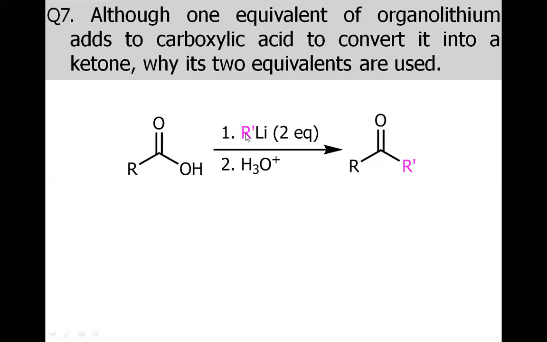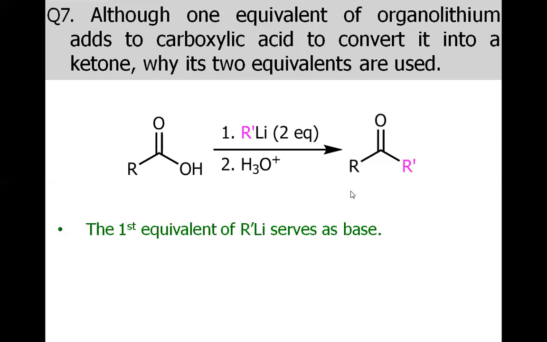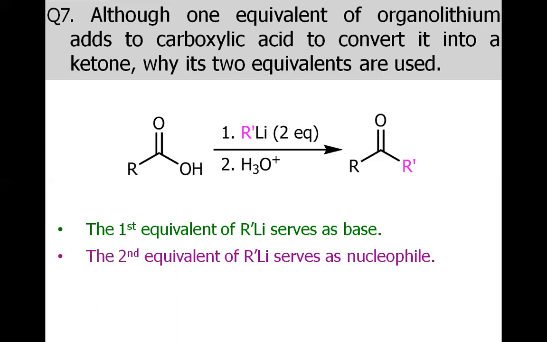And then the second equivalent of this organolithium will attack this carbonyl, and after the workup we will have the ketone. So you could say the first equivalent of organolithium did not serve as a nucleophile but served as a base. So this was our compulsion to use another equivalent, because the second equivalent is the real equivalent that added to the molecule to give the ketone.